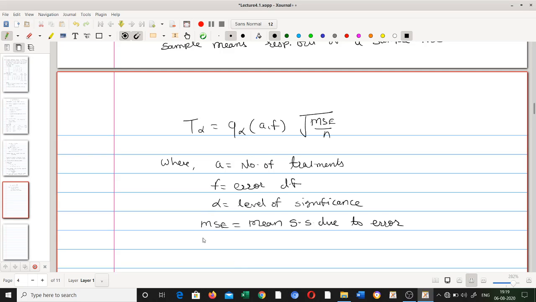And n means number of times each treatment is replicated. If the number of times each treatment is replicated is the same, which is n, then the formula will be like this.